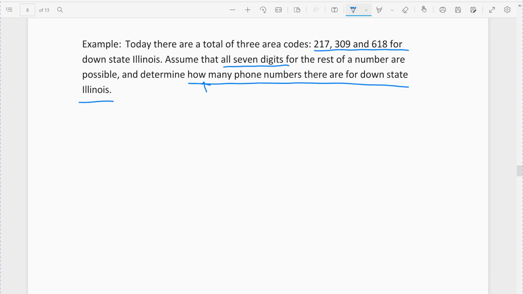So we need to figure out, there's 3 different cases. There's the numbers for the area code 217, or the numbers for the area code 309, or the numbers for the area code 618. So those are the first 3 digits.